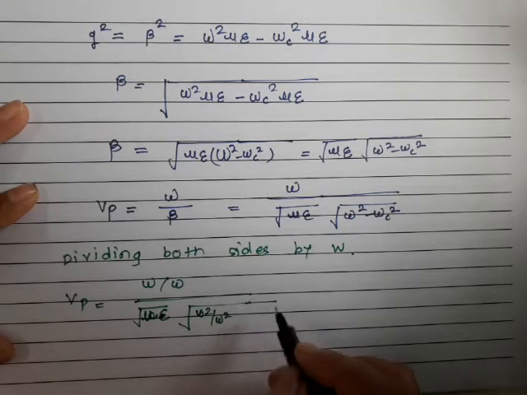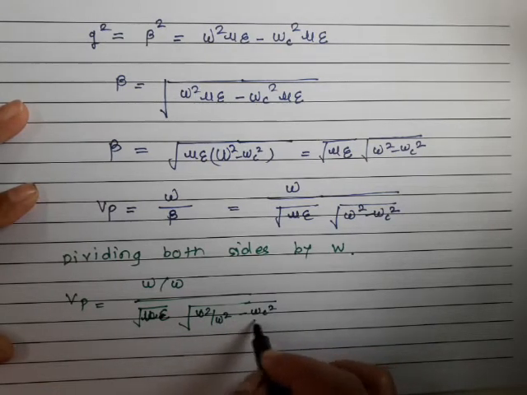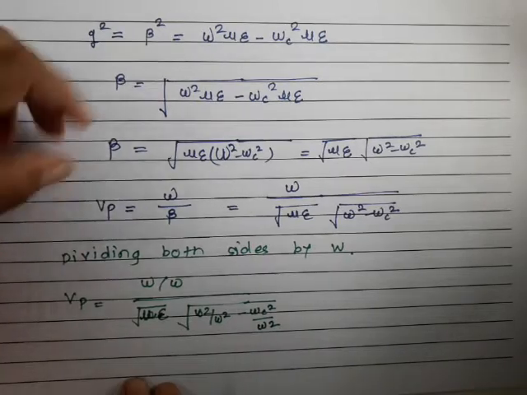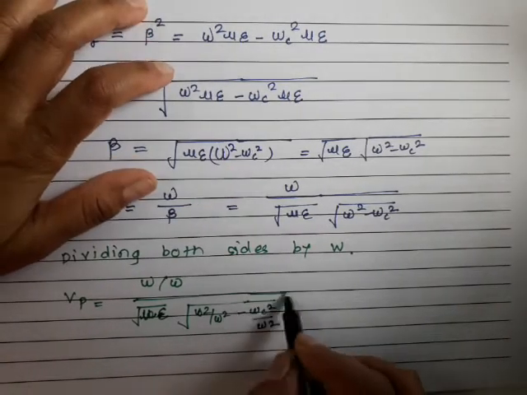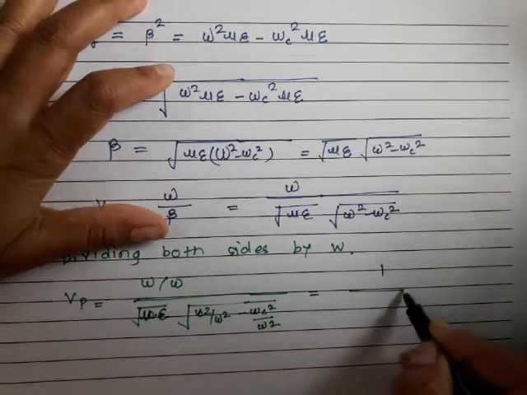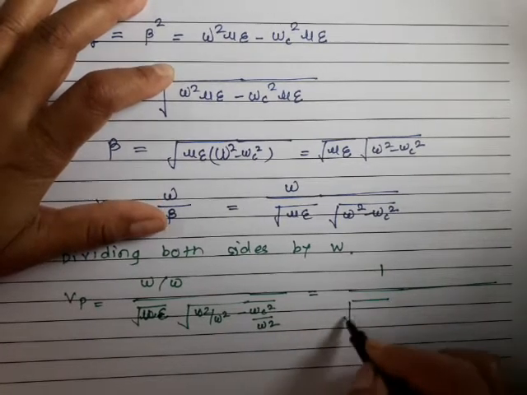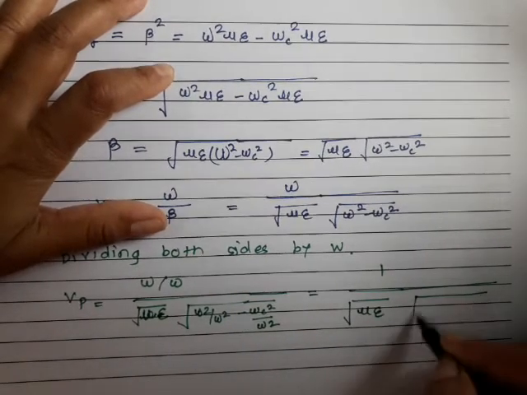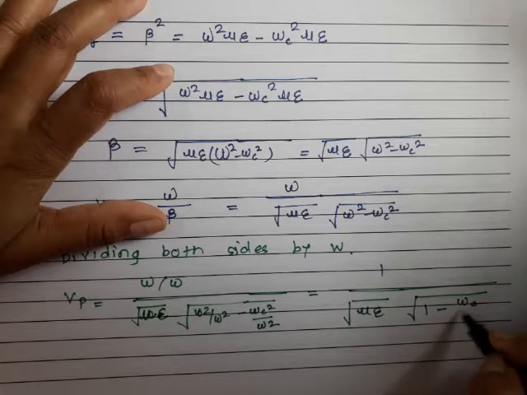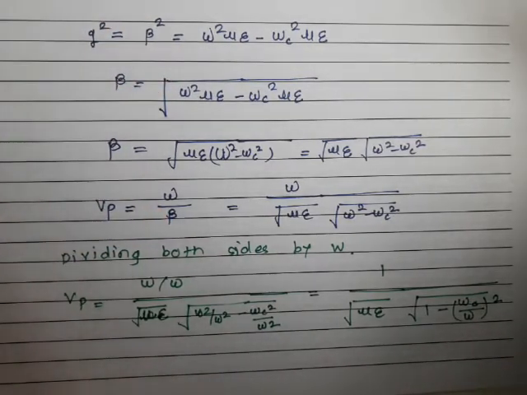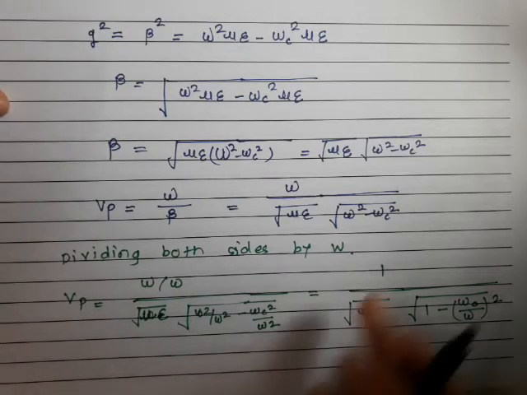When it goes inside the square root, it will be omega c square by omega square, because inside the square root it will become a square. So this will become 1 divided by the square root of mu epsilon times 1 minus omega c by omega square. Okay, I have just divided both sides by omega, upper and lower.